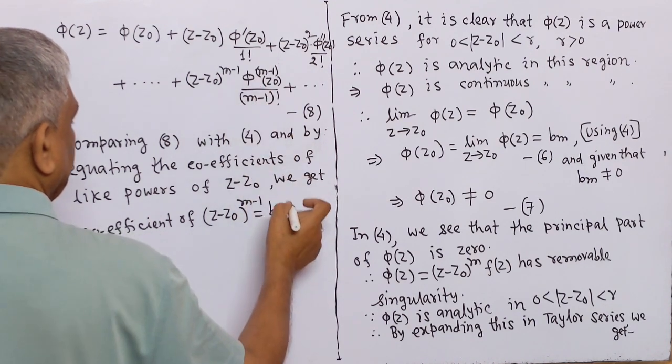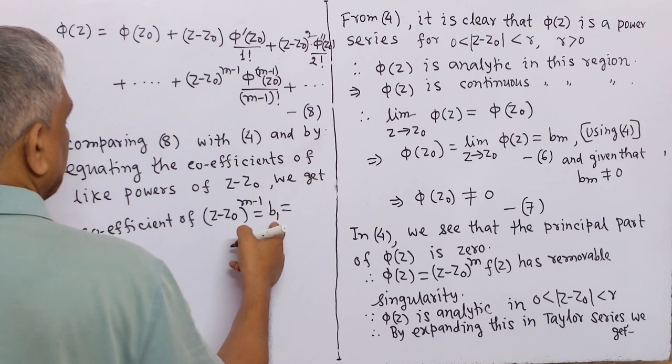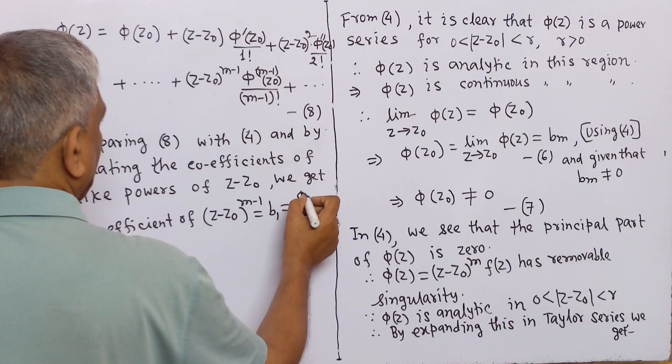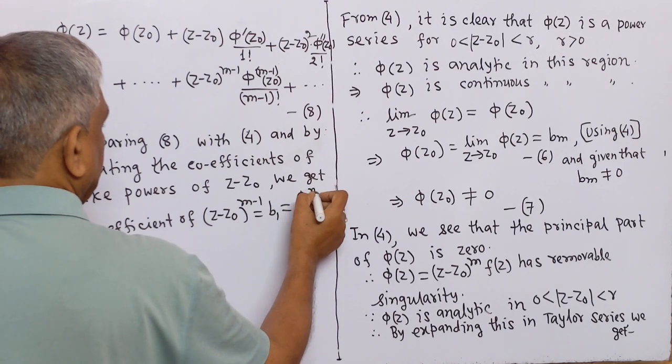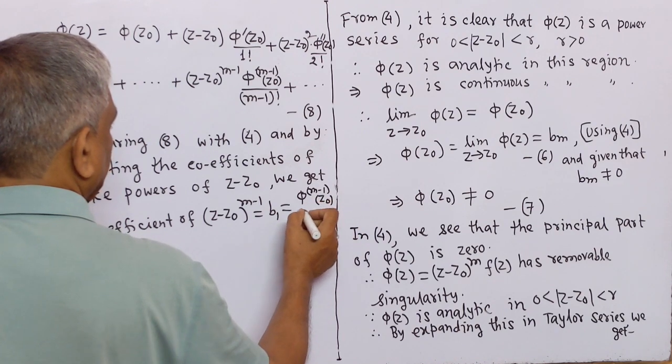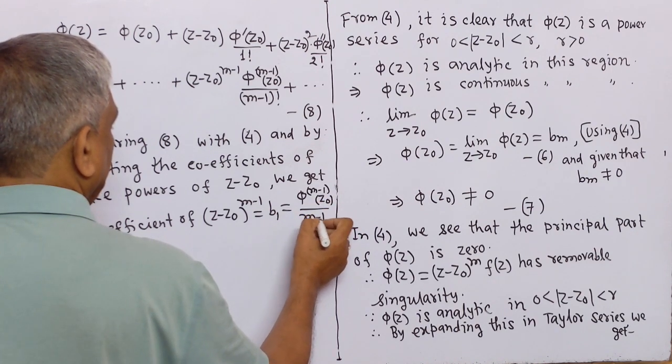Here in 4 this is b1, and in 8 this is the (m minus 1)th order derivative of phi at the point z naught by factorial (m minus 1).